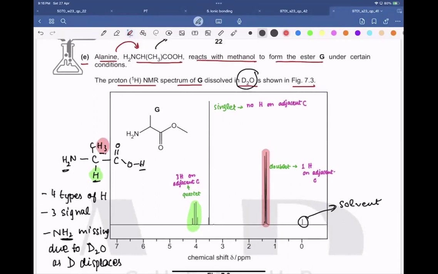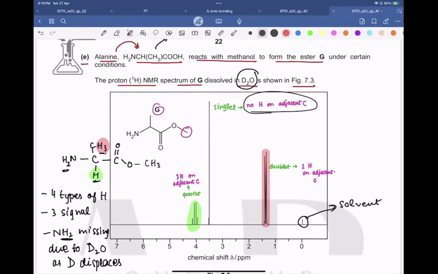But the interesting thing is that this spectrum is of G, right? And G has one CH3 here, so instead of OH, I'll make a CH3 here. See, there is no hydrogen on the neighboring carbon.